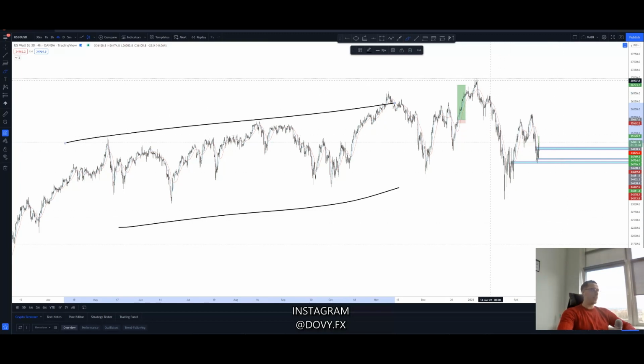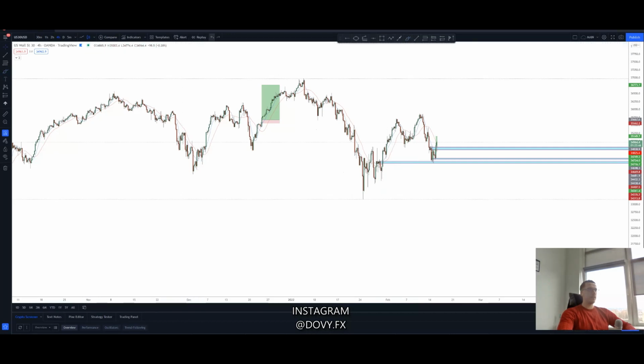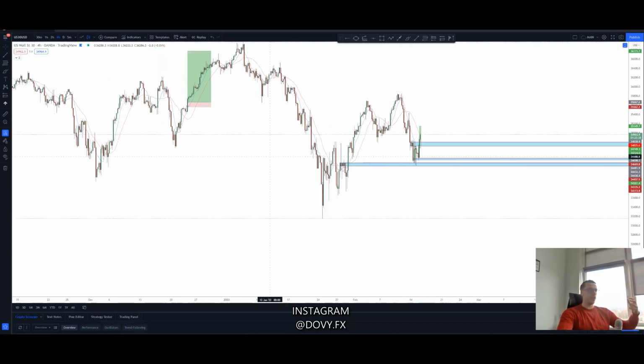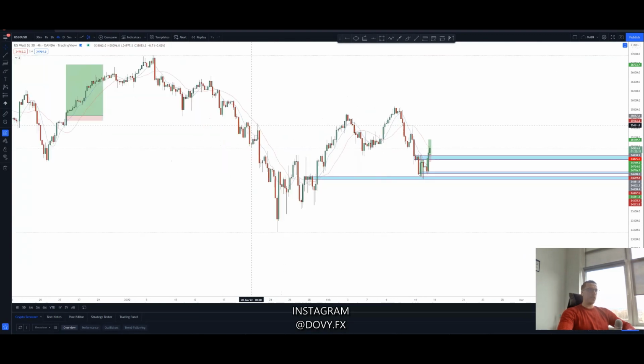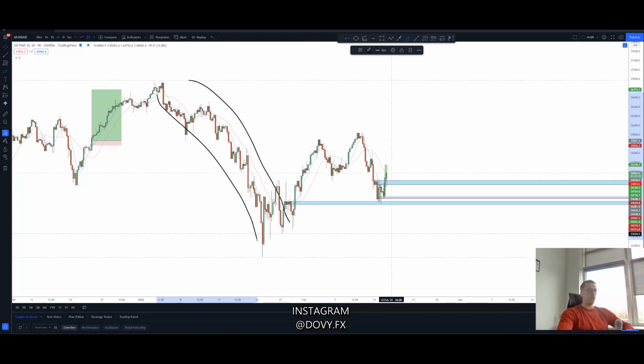But lately, right here, we had the price pushing down a lot. And if we zoom in, we can see how the price started moving back up, okay? So let me clean this up real quick. So what is my overall bias? My overall bias in the longer term perspective is that the price is moving up. In the short term perspective, we have some bearish momentum to the downside, but lately we have been seeing a series of higher highs, higher lows.